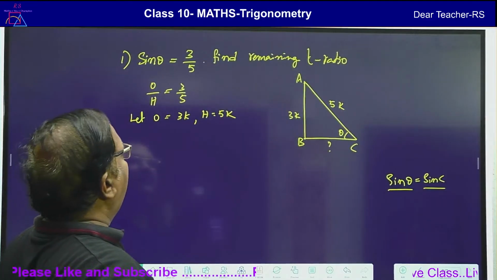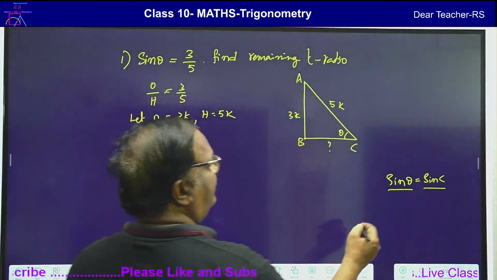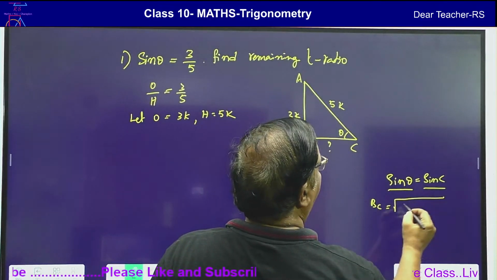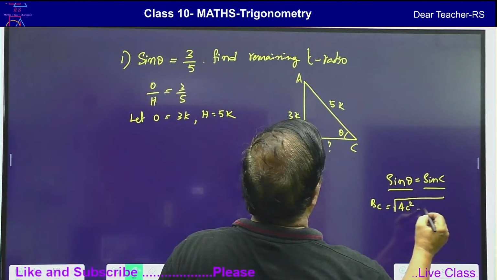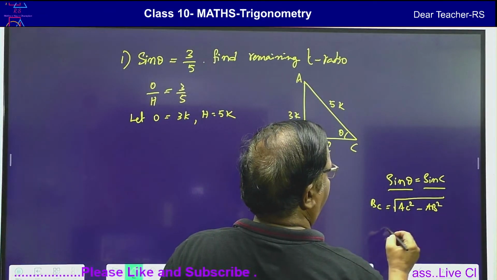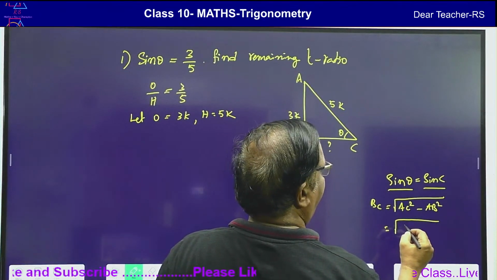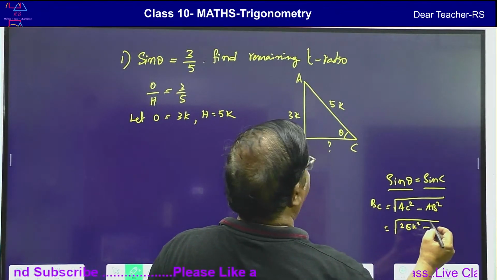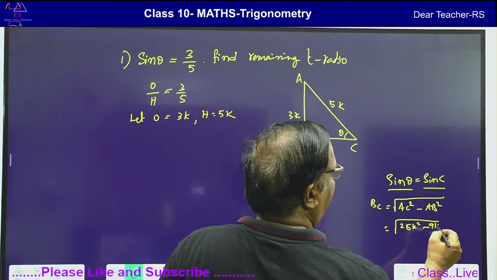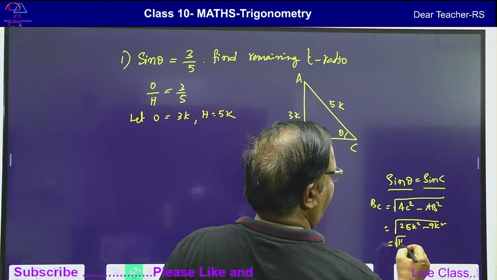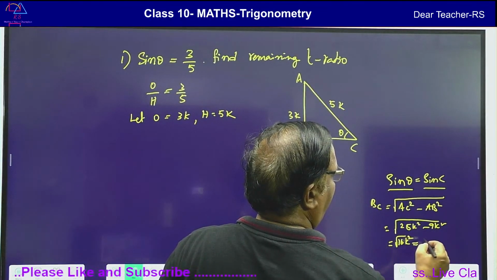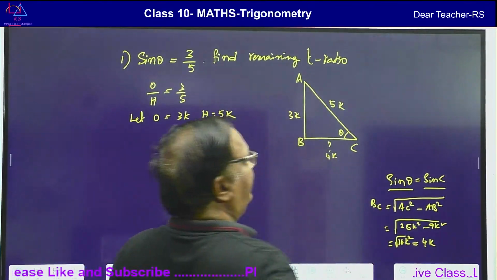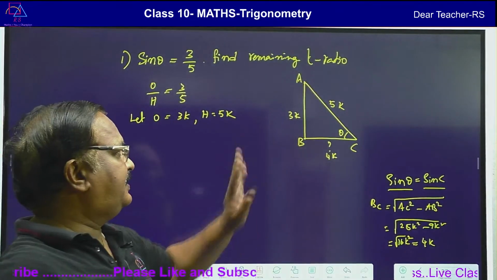You can find it by Pythagoras theorem: BC is equal to square root of AC square minus AB square. AC is 5k, whole square is 25k square, and AB is 3k, whole square is 9k square. This is 16k square, and 4k is the answer. So this is 4k. Now we have got all the 3 sides.